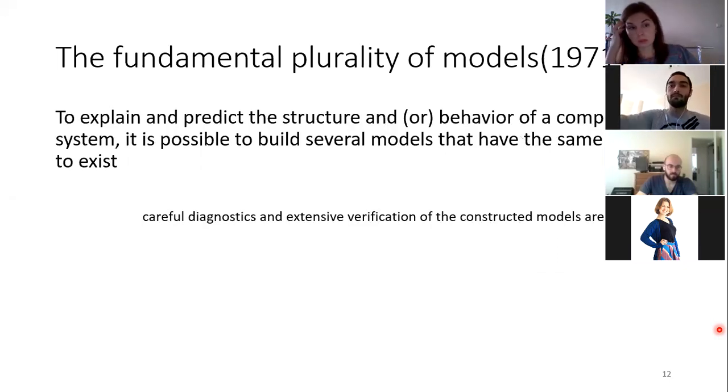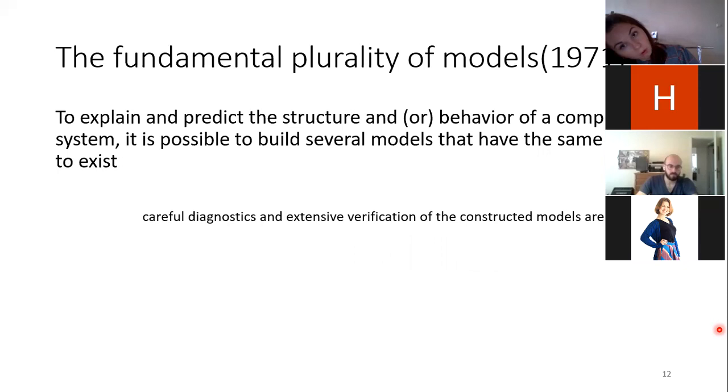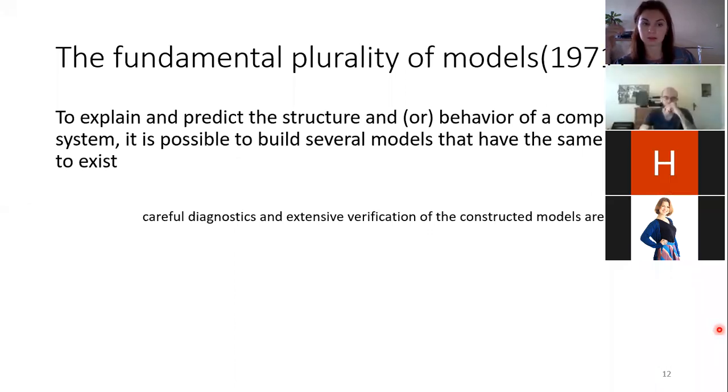To explain and predict the structure or behavior of a complex system, it's possible to build several models that have the same right to exist. This is our rule. And careful diagnostics and extensive verification of the considered models are important. Don't forget about it in your work.